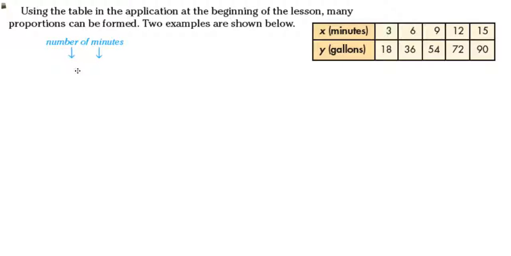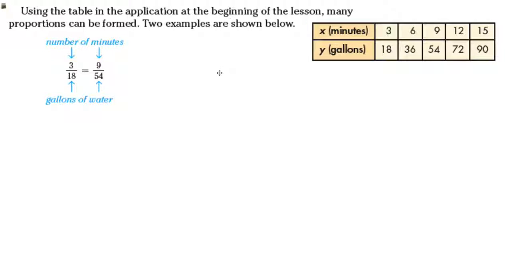So the number of minutes we can put as the numerator, and the gallons of water we can put as the denominator. So we can write a ratio of 3 over 18 equals 9 over 54. Another way we can do this is to make the number of minutes one ratio and the gallons of water another ratio.